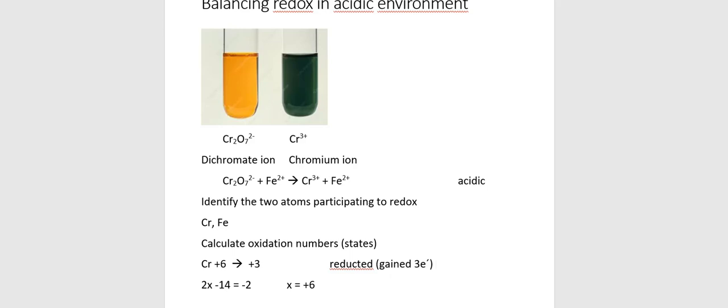Now, I have to keep in mind that I have to count all the electrons which are moving in this reaction. So there are 2 chromium atoms here and only 1 chromium atom here.